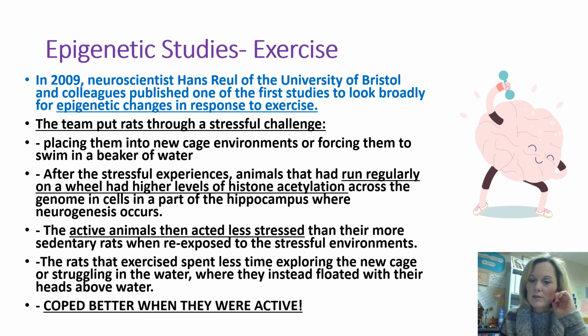The last thing I want to talk about is a study I found on epigenetics, more positive in manner. This was something that neuroscientists found in 2009 about what we can do to counter that stress. Exercise, we've talked about some really big benefits, cardiovascular and mental health-wise. And remember, we also talked about effects on the brain.